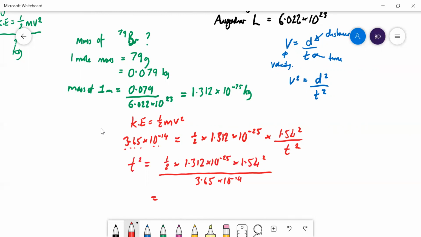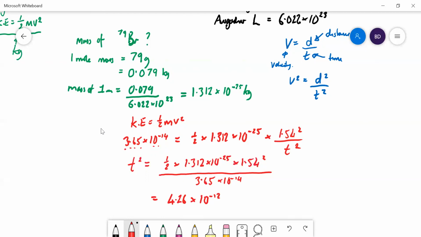Right, that's 4.26 times 10 to the minus 12.